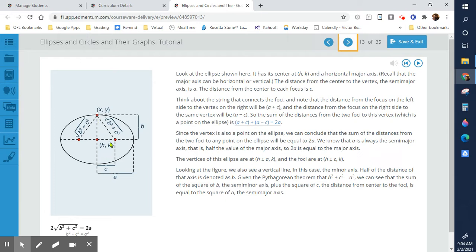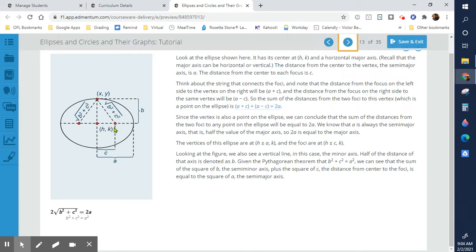So what's essentially happening right now, when we're looking at an ellipse, is that any point on an ellipse has a distance formula, but there's also a distance formula on the other side. So you have to view it as having two distance formulas. And we have these two points, and we're talking about the distance from HK, obviously.